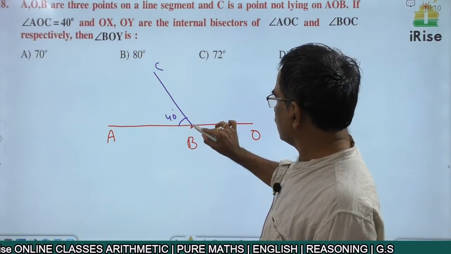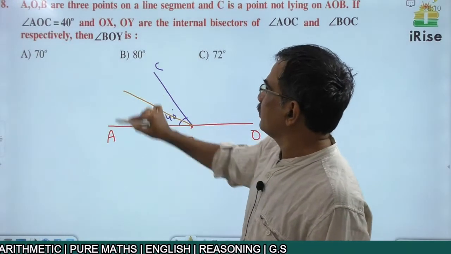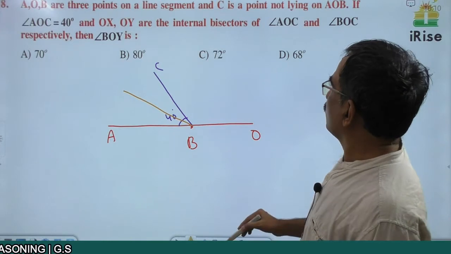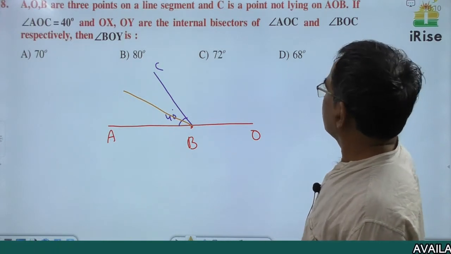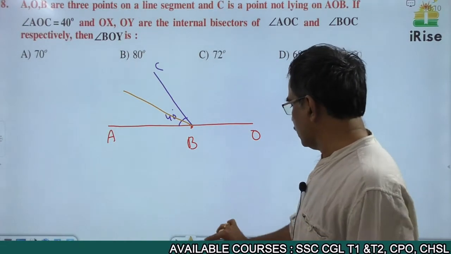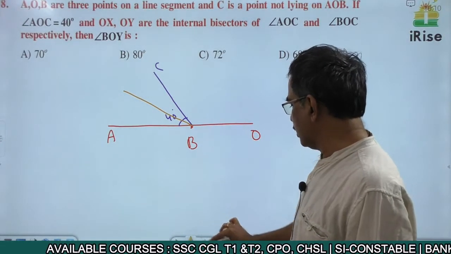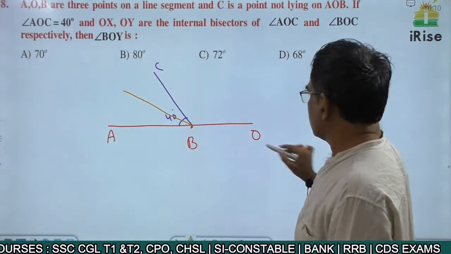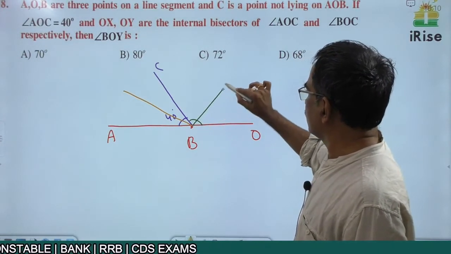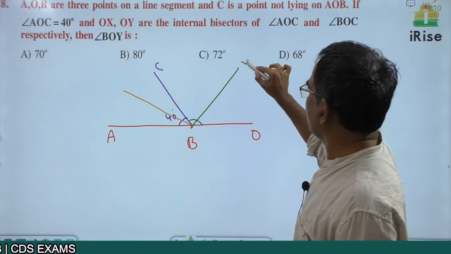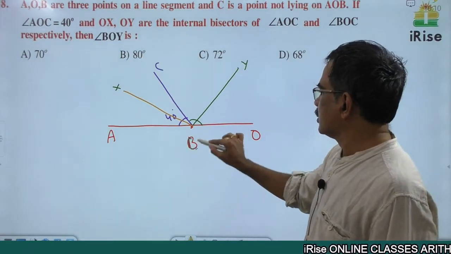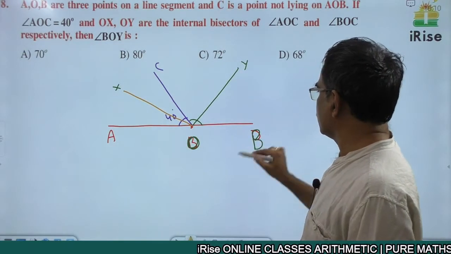Here, this is the internal bisector of AOC, and OY is the internal bisector of BOC. If this angle is bisected by this line, this is one more bisector. This is OY. This is OX. This is B.